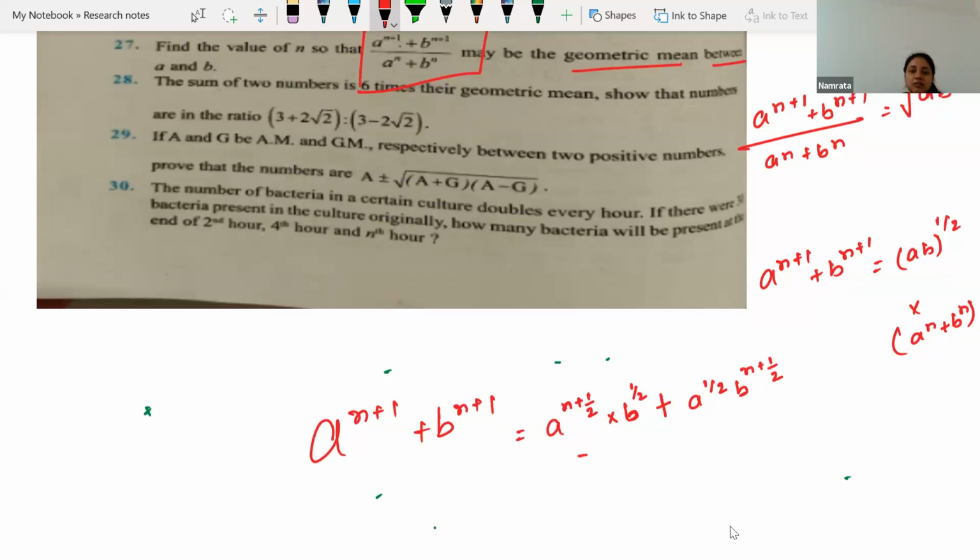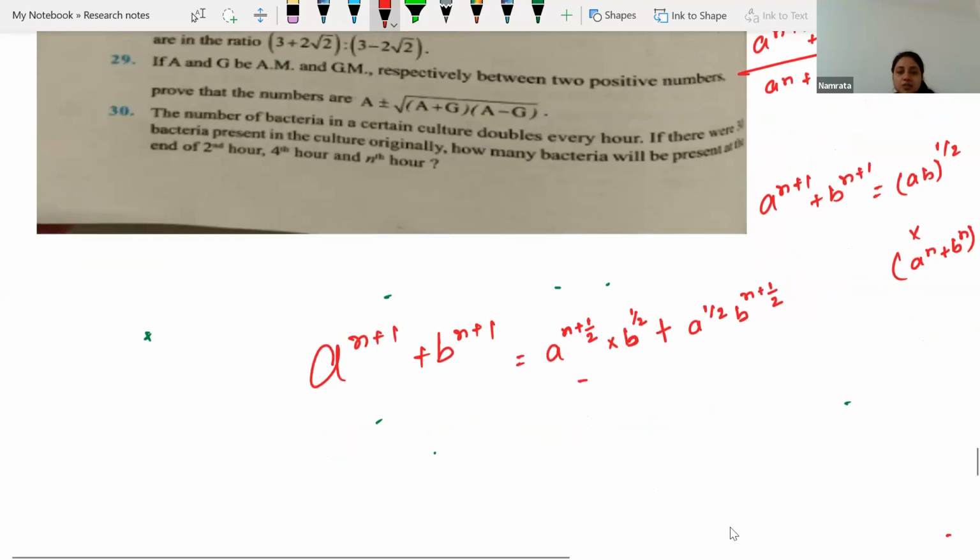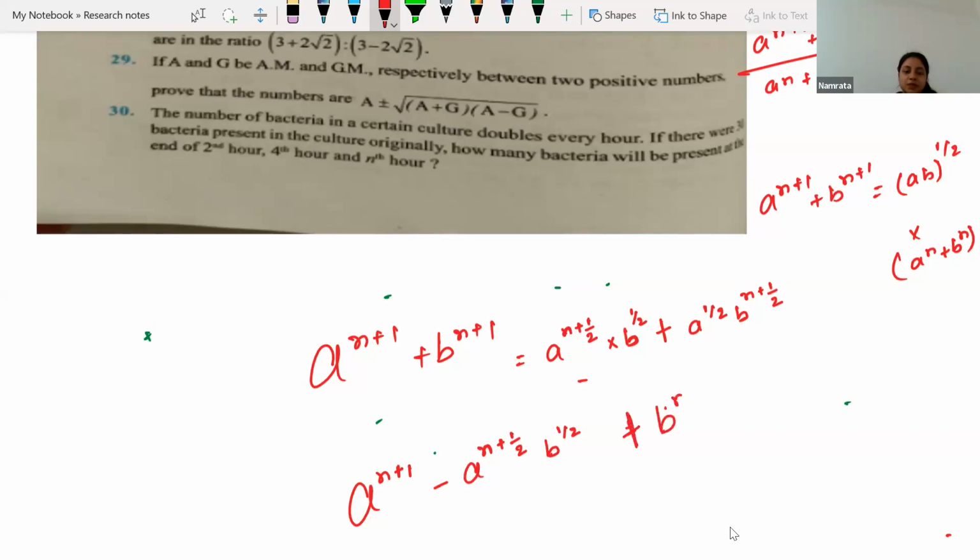Let's see what exactly we are getting. We get b to the power n plus 1 minus a to the power 1 by 2 times b to the power n plus 1 by 2 equals 0.